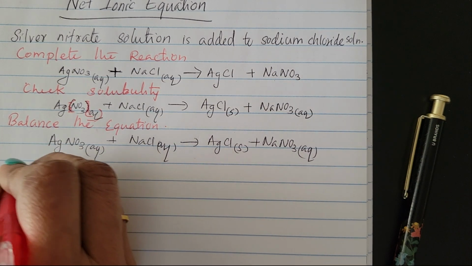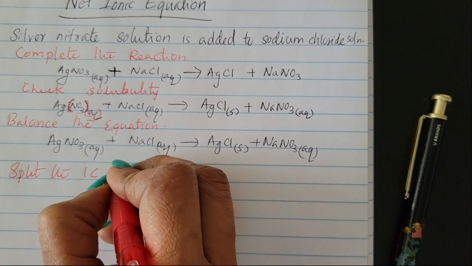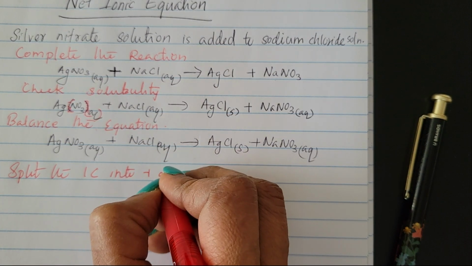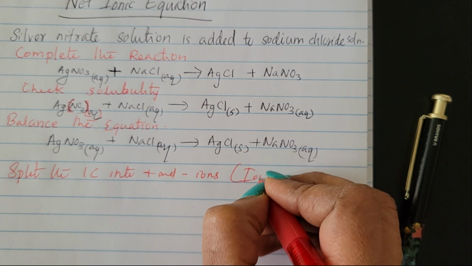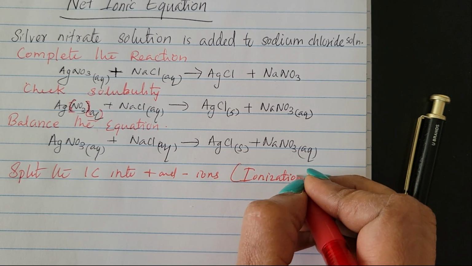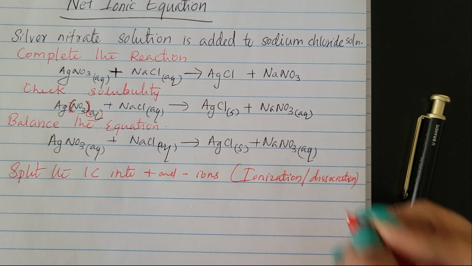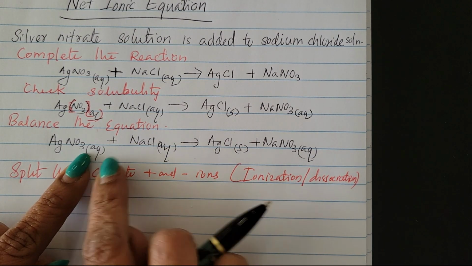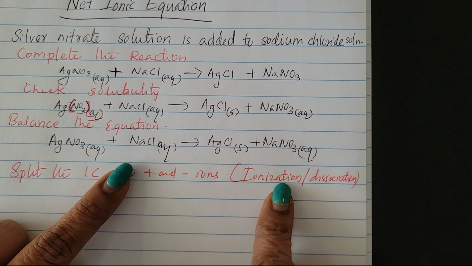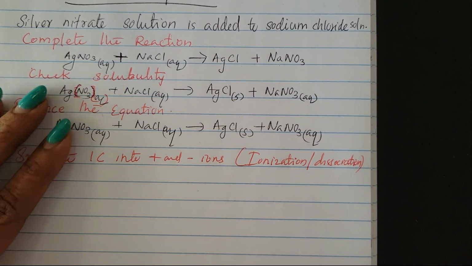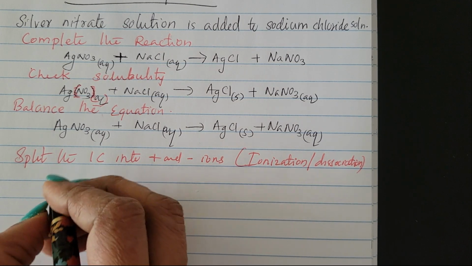You have to split the ionic compound into positive and negative ions. That is called ionization or dissociation. Don't worry about that terminology. We don't need that, but I'm just saying. Whatever things are aqueous, you have to split them into positive and negative ions. AgNO3, how will you split that? What is the charge of Ag?